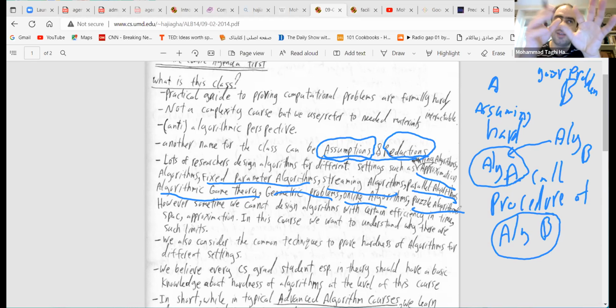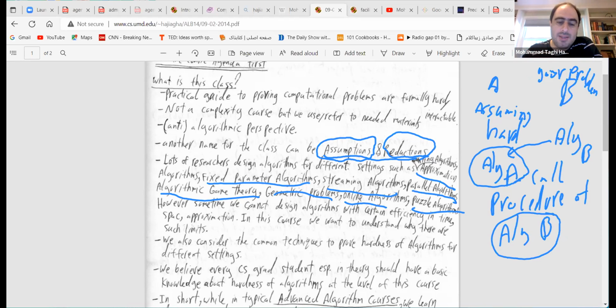When you read it, you will have a very good understanding of these different areas of algorithms, because we define these things, talk about some examples, and then go to the hardness.